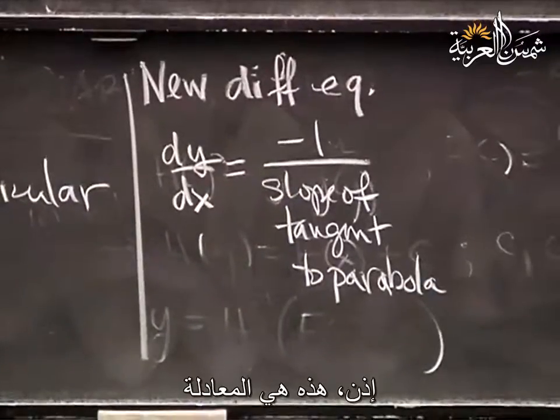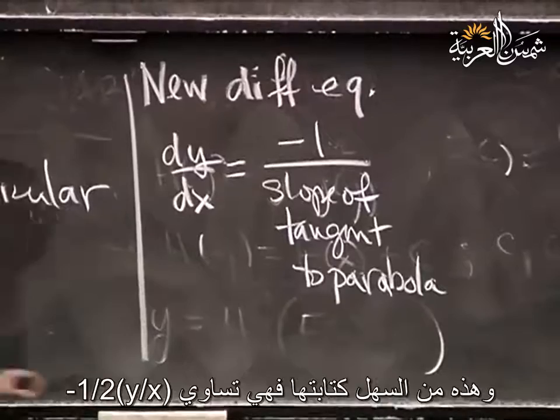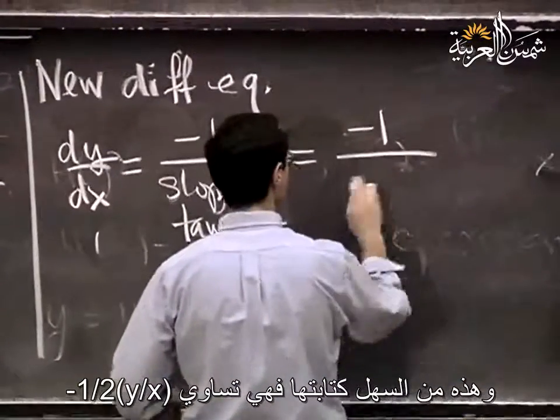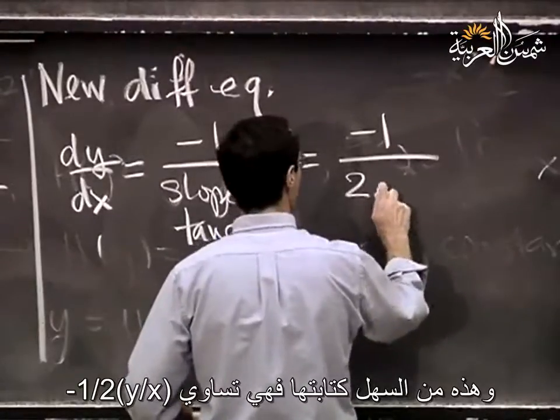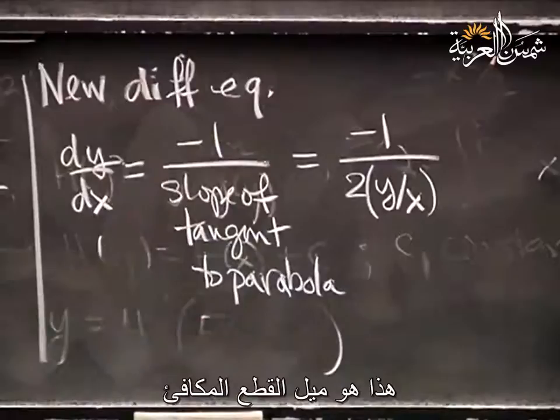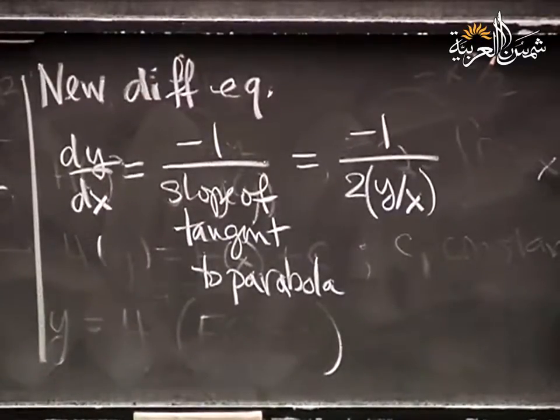Okay, so that's the equation. That's actually fairly easy to write down because it's minus 1 divided by 2y divided by x. Right, that's the slope of the parabola. Right, 2y divided by x.